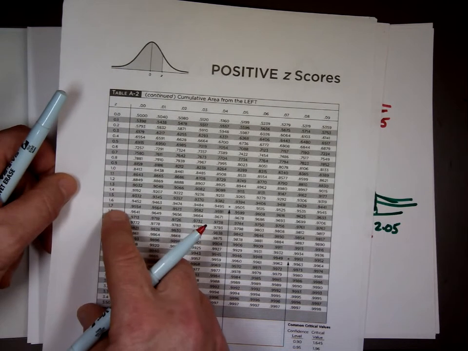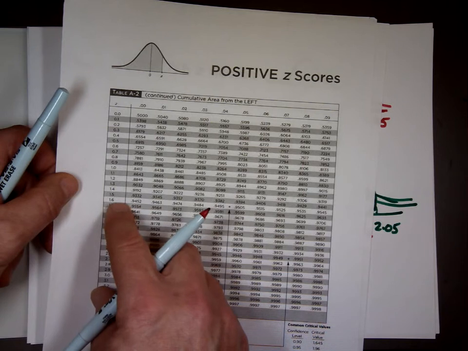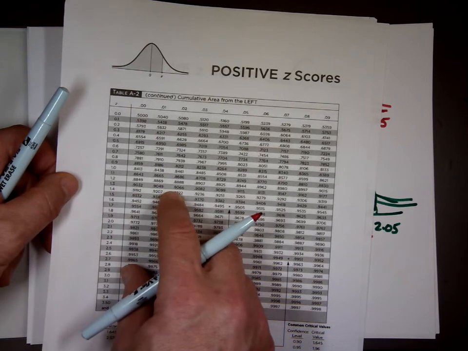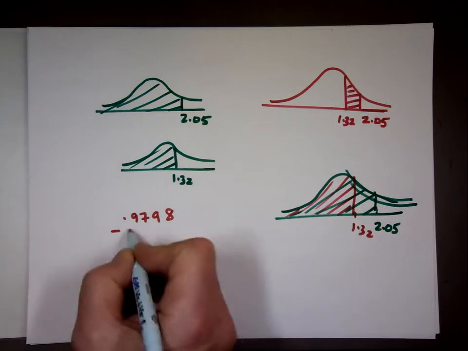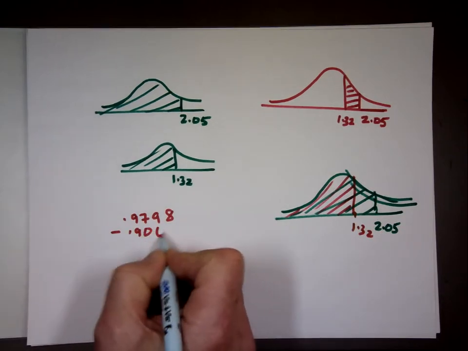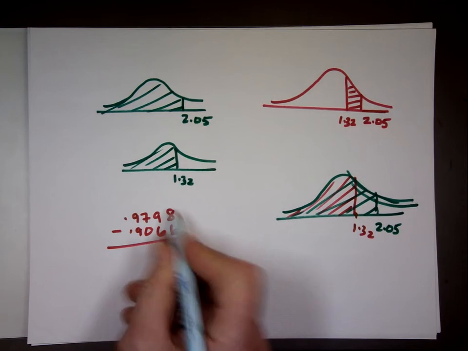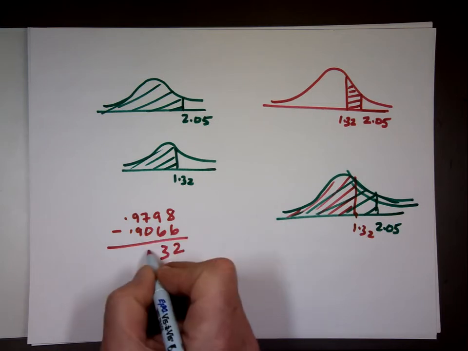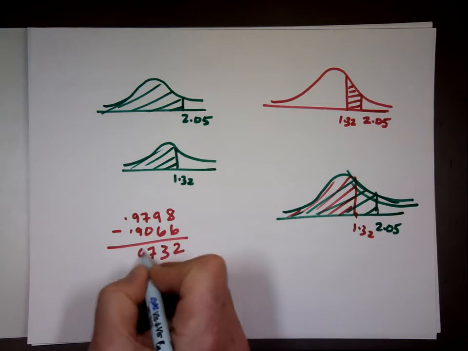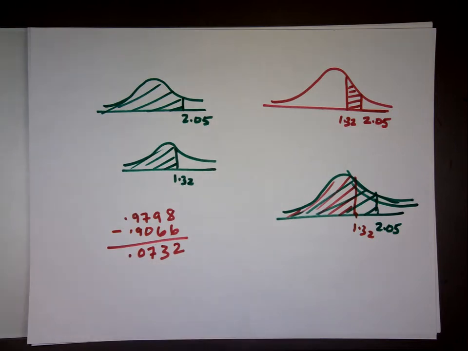Where's 1.32? 0.9066. 6 from 8 is 2, 6 from 9 is 3, 0 from 7 is 7, 9 from 9 is 0. So we get 0.0732.